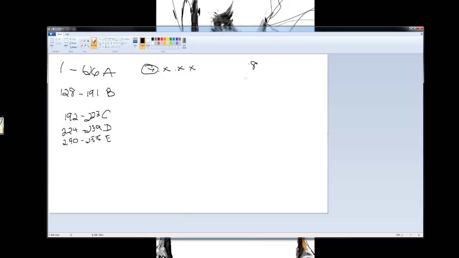So 255.0.0.0 is a full class A, 8 network bits. Going down the line, a class B is going to be 16, so you have 255.255.0.0. And then a class C is 24, etc.